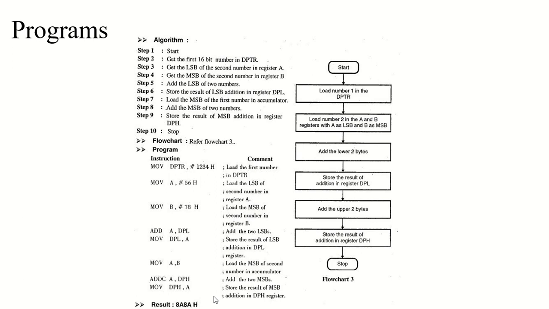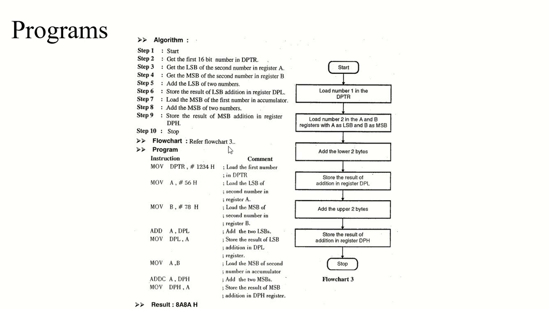So this instruction MOV DPH comma A will store the result of the MSB addition in the DPH register, and the result of this addition which you are going to see will be 8A8H, which will be visible on your screen, or you can check at the bottom of the screen as well.